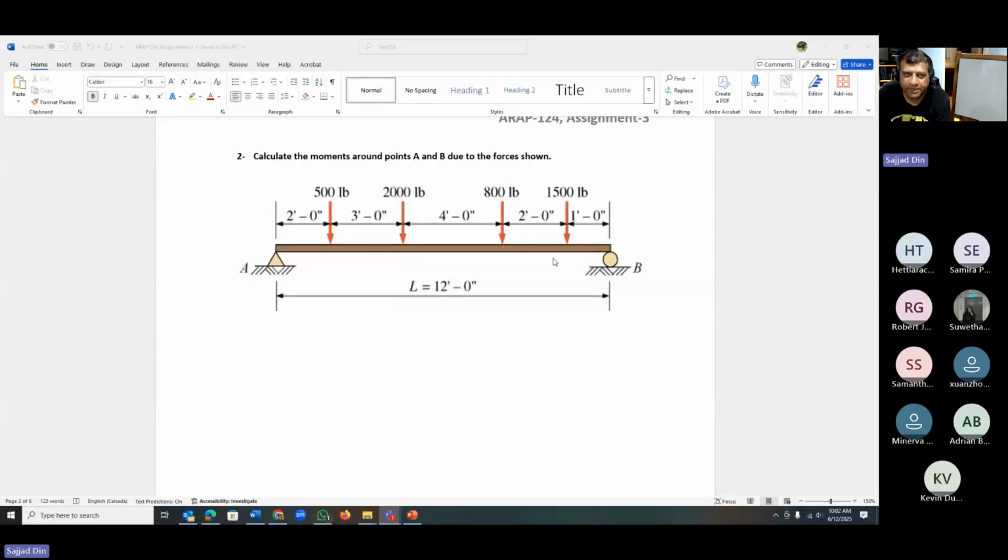So in this case, it's basically very similar to what we were looking at earlier in the example. So basically what you're going to do here is to get the moments around A, 500 times 2, but is it positive or negative? It's clockwise, so it's negative. 2,000 times 5, negative, it's clockwise, right? 800 times whatever this is going to be, 4 plus 3 plus 2.